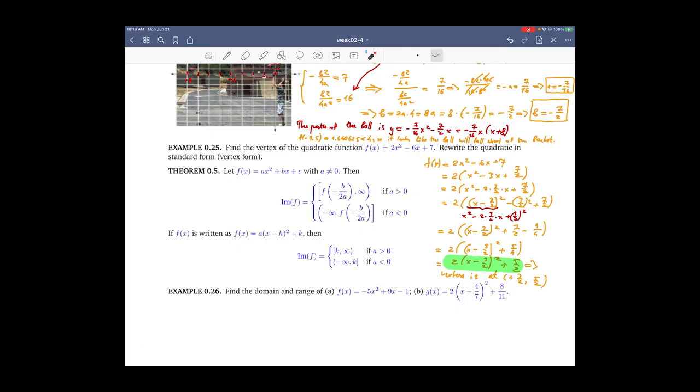All right, a couple of examples here. Find the domain and range of f and g. Well, the domain in both cases is the entire real line. There's nothing to discuss here. Domain f equals domain g equals the entire real line.